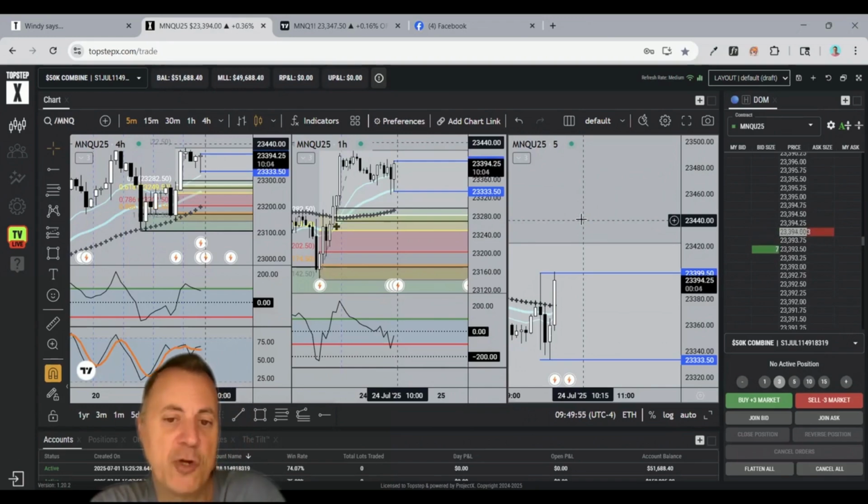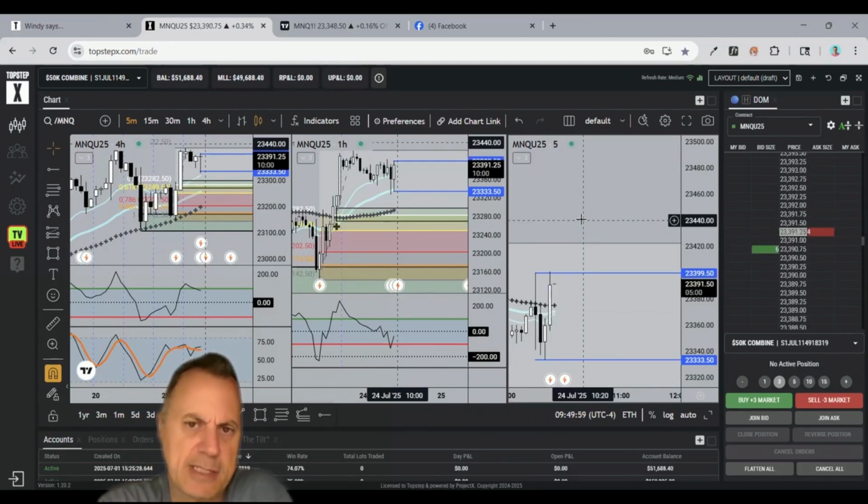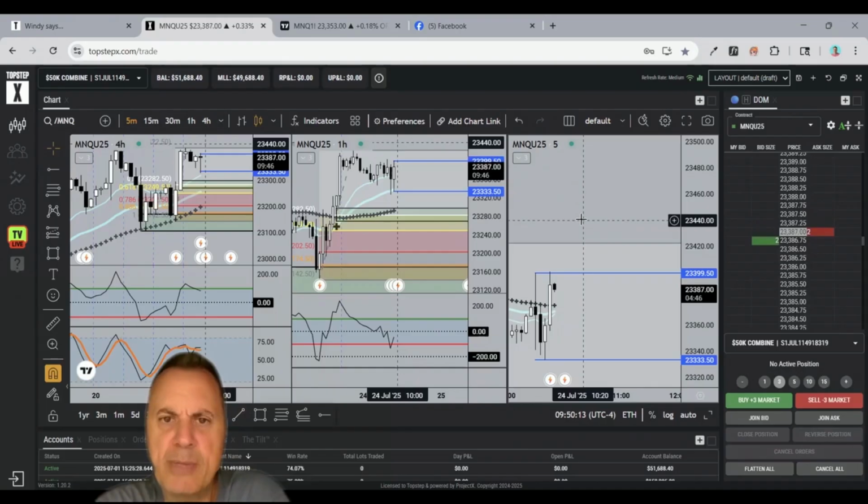That's what I want. I don't know if that's what I'm going to get, but I have the best chance of making the most money and squeezing every penny out of this trade only if I trade a premium setup where all conditions are met pre-market. And that's what we want to do.